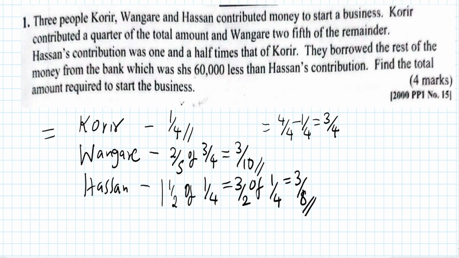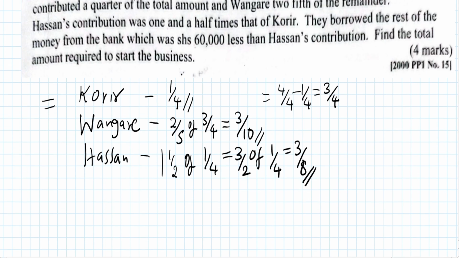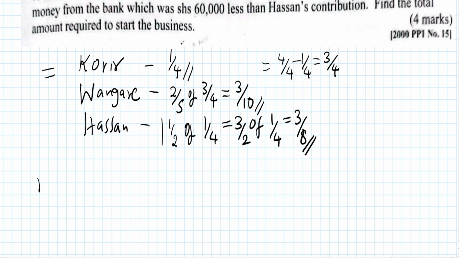Now, they borrowed the rest of the money from the bank, which was 60,000 shillings less than Hassan's contribution. So let's find out what is the rest. But first, we need to find out the total that was contributed. So the total contribution is going to be a quarter plus 3/10 plus 3/8.